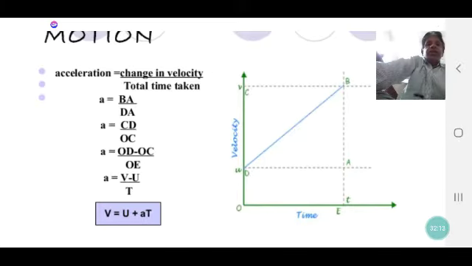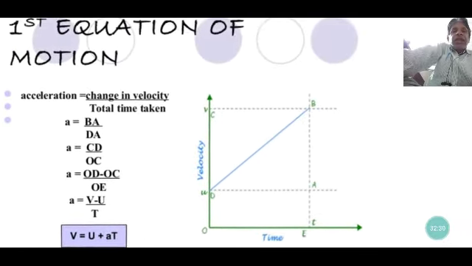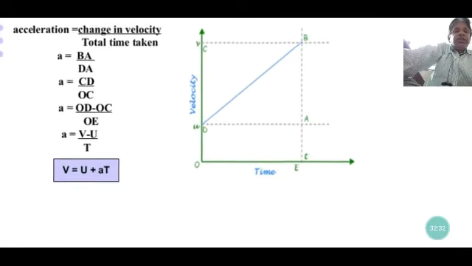Now what would we get here? Acceleration is equal to BA by dA. That is the slope. Now a is equal to BA, which is equivalent to CD. These two lines are equivalent, and dA is equal to OC.